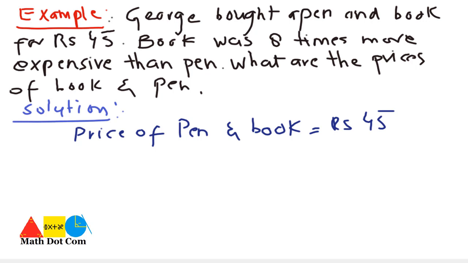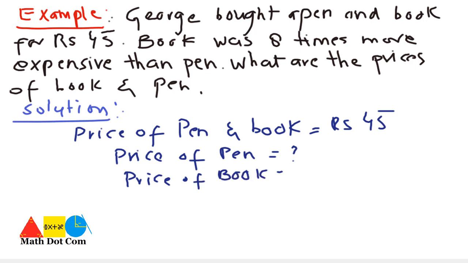The unknown values are the price of pen and the price of book. Both of these are unknown values. But it is given quantitatively that the price of book was 8 times more than the pen, but you still don't know the value of the price of book. So we will assign variables to the unknowns.